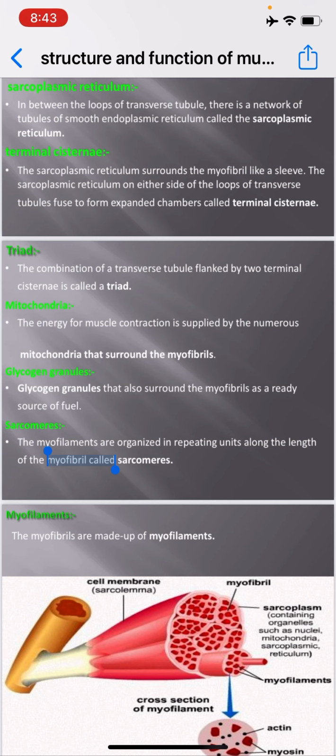Mitochondria. The energy of muscle contraction is supplied by the numerous mitochondria that surround the myofibrils. Glycogen granules also surround the myofibril as a ready source of fuel. Sarcomeres. The myofilaments are organized in repeating units along the length of the myofibril called sarcomeres.